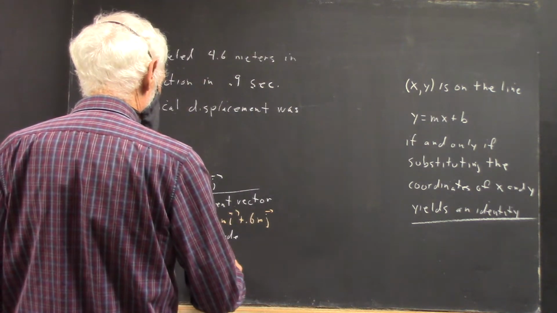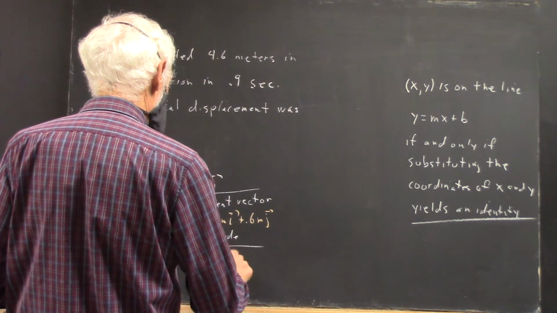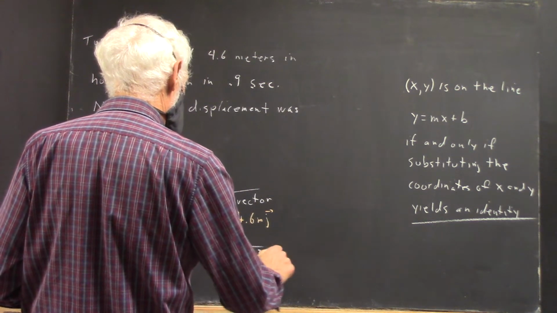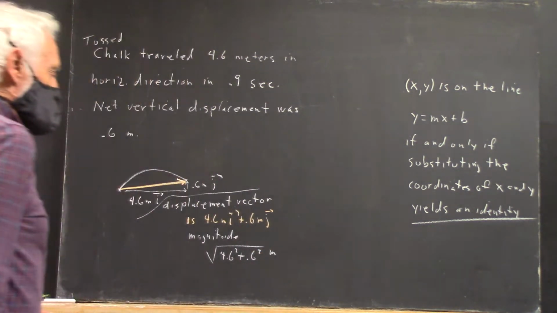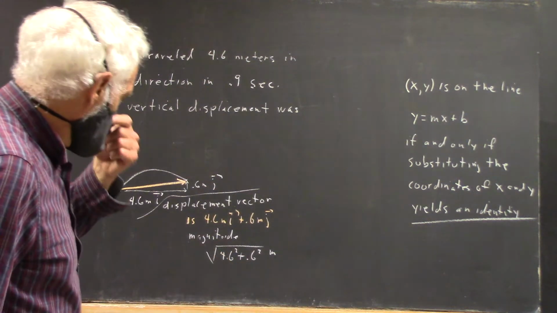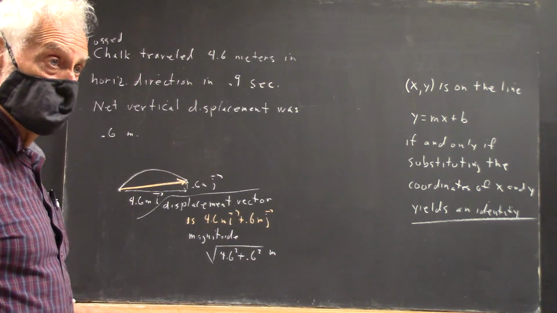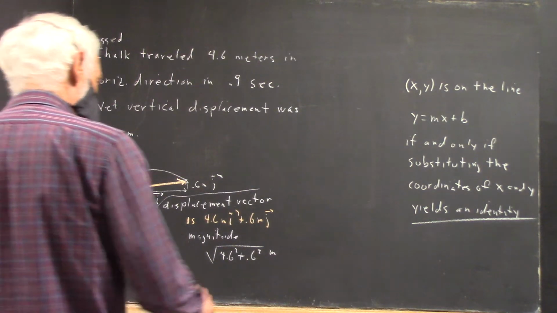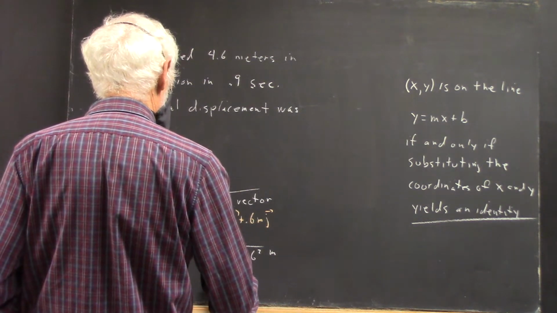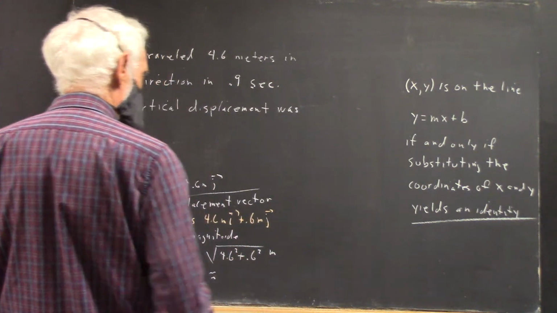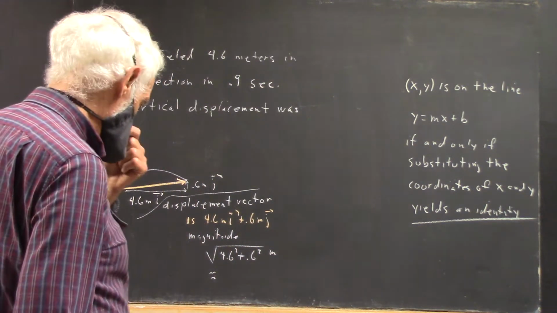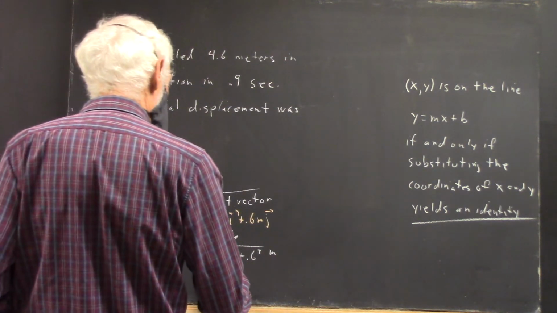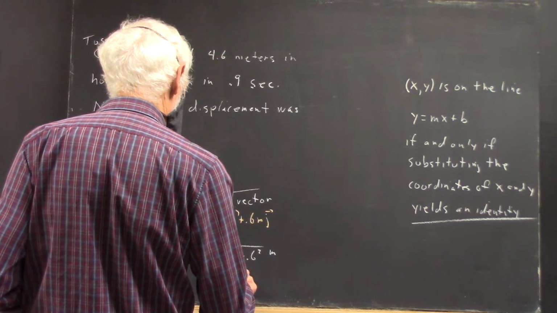Magnitude is the square root of 4.6 squared plus 0.6 squared meters. Okay? You can check me out, my intuition is that it's only a little more than 4.6. So it might be 4.8 meters.